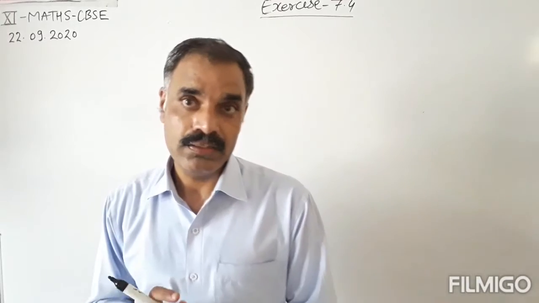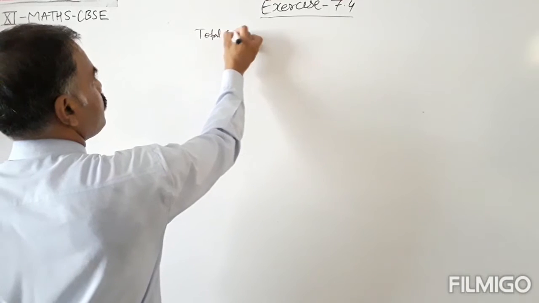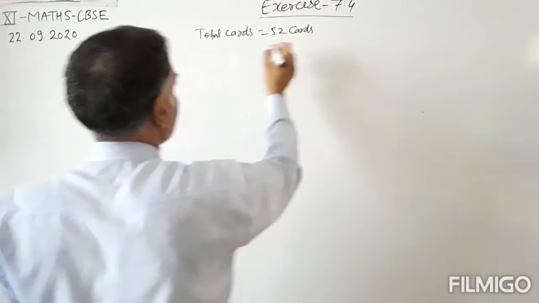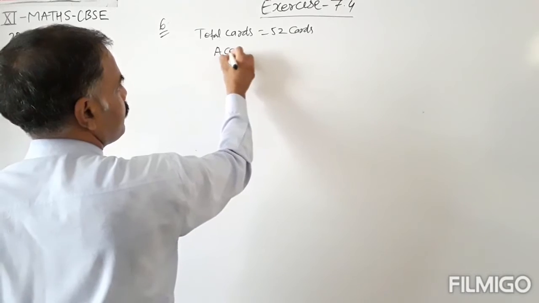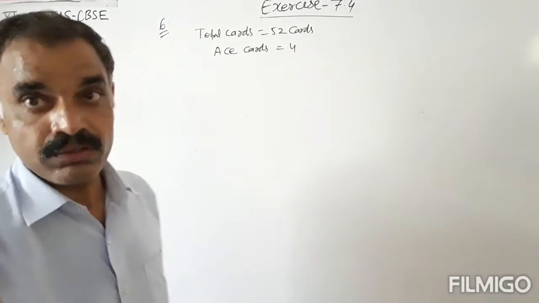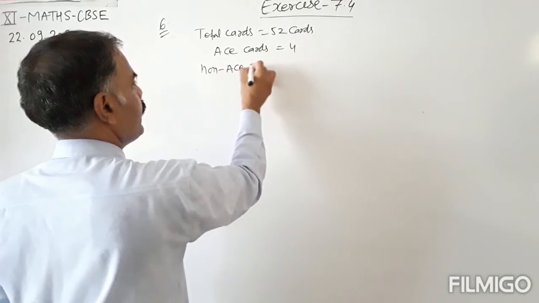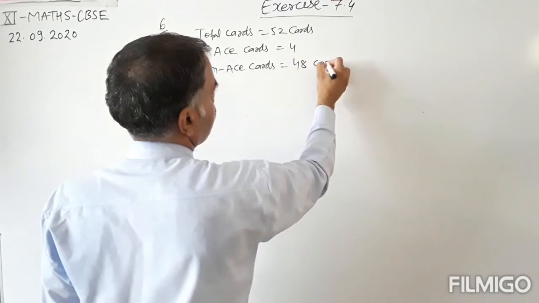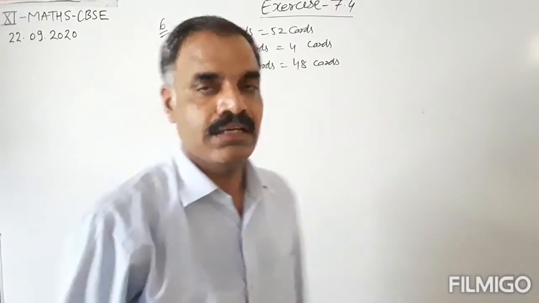Total cards are 52. Ace cards are 4, and non-ace cards are 52 minus 4, which means 48 cards. So ace cards are 4 and non-ace cards are 48.